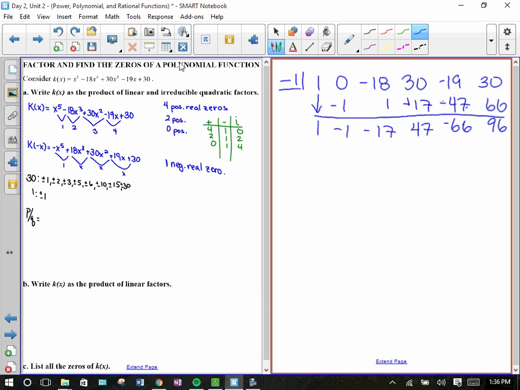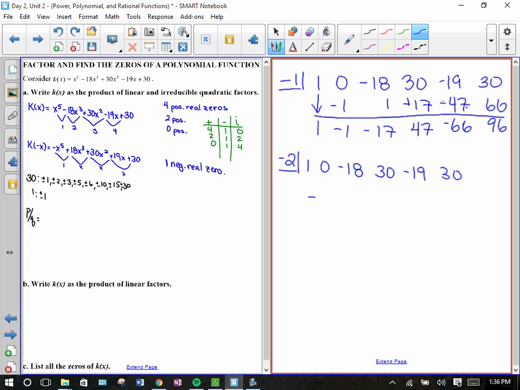Let's try negative 2: 1, 0, negative 18, 30, negative 19, 30.